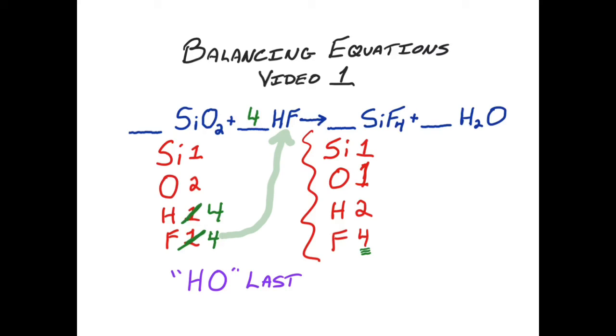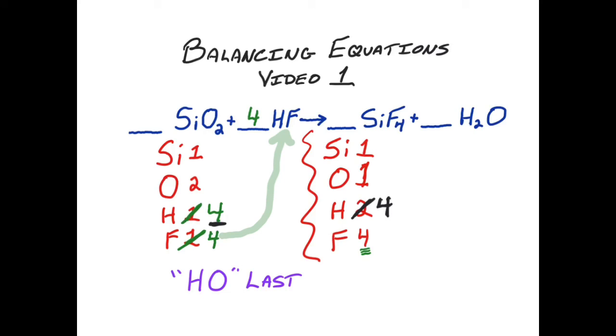So what I want to do is I want to balance my H's because H's and O's are last and H's before O's. So I put my finger right here. I'm focusing on just the H's. I want them to be balanced. If I have 4 on one side, I cross this out. I want 4 on that side.